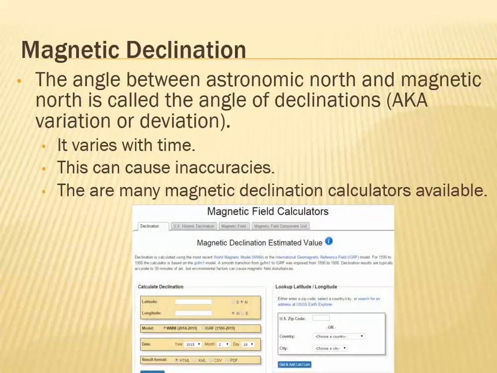You go online and type in magnetic declination calculator, and depending on where you are located, you see latitude, longitude. There's a couple of different models, and then the date for which you want it. It can be today, or let's say you found a survey that you notice was using a compass or magnetic meridians, so you can check.